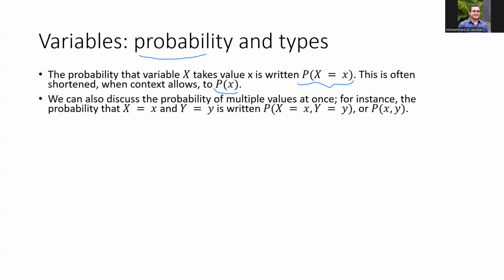So we have multiple variables, and the probability is a joint probability. So we have a joint probability, for example, here of X and Y.